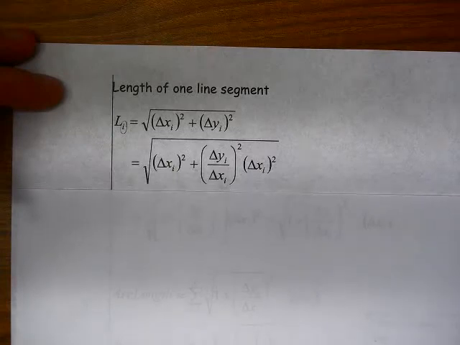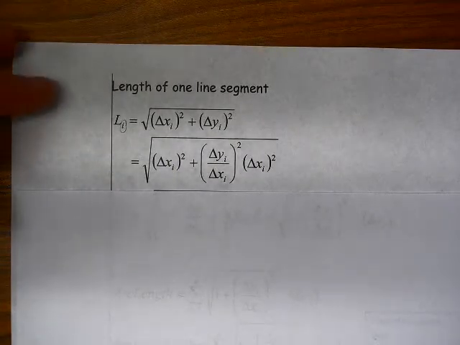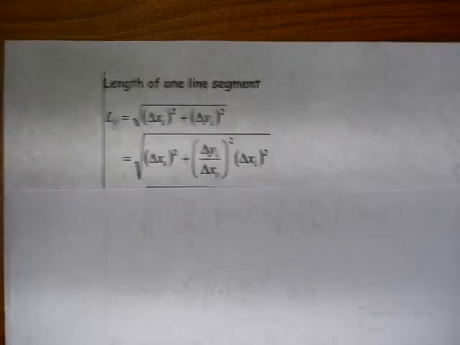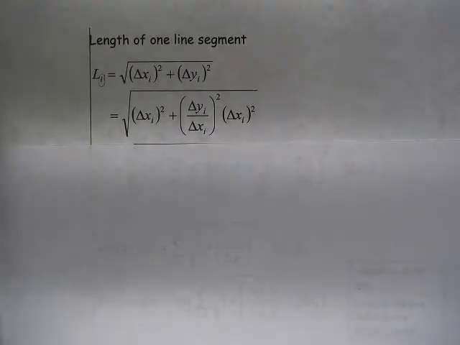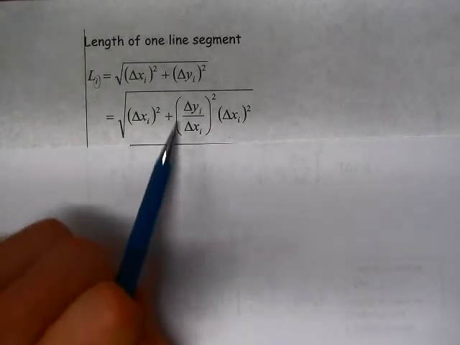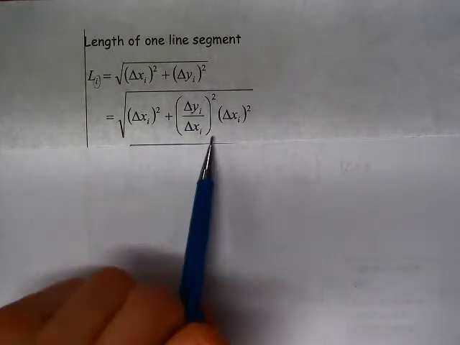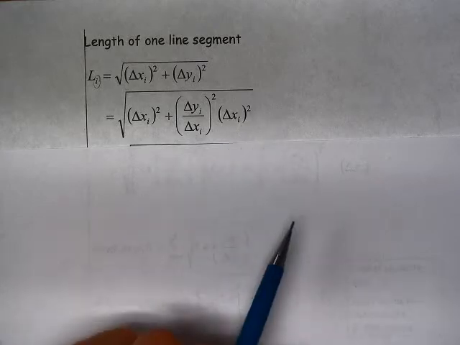So I'm going to rearrange this a little bit, and it's not automatically intuitive as to why I'm doing this. This is one of those cases where I know where I'm trying to get, and therefore it helps me figure out how to get there. I am going to take the second part of that sum under the square root, and I'm going to multiply it by delta x sub i squared.